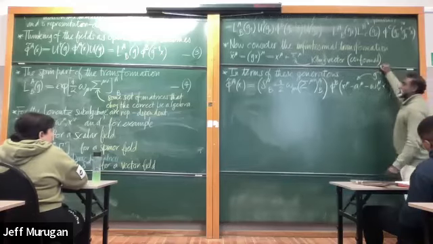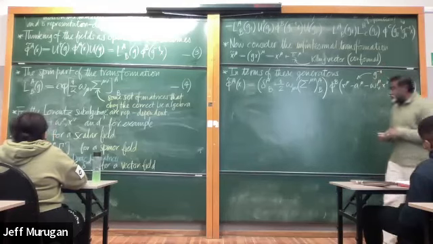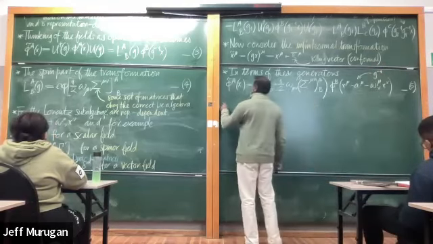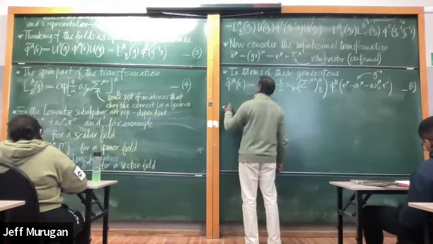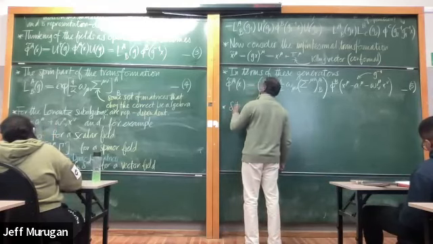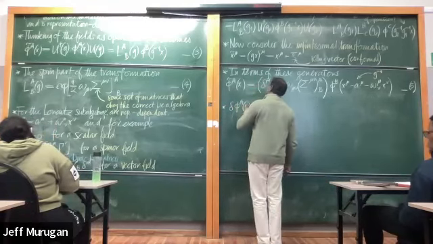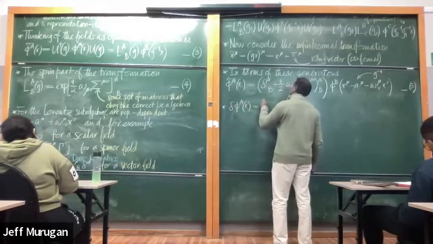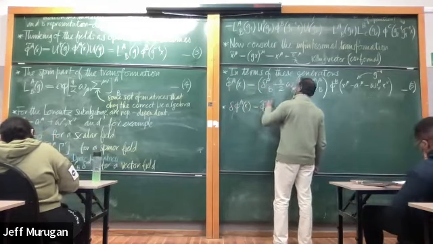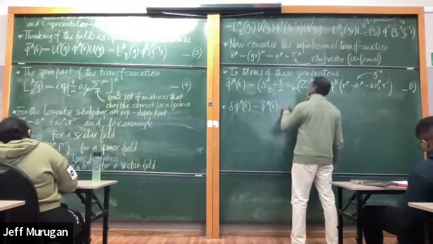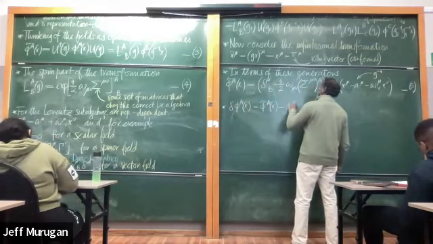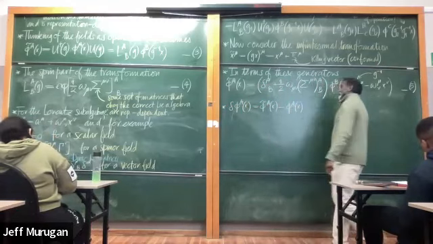Now let's calculate the difference, delta phi A of x, equal to phi tilde A of x minus phi A of x.